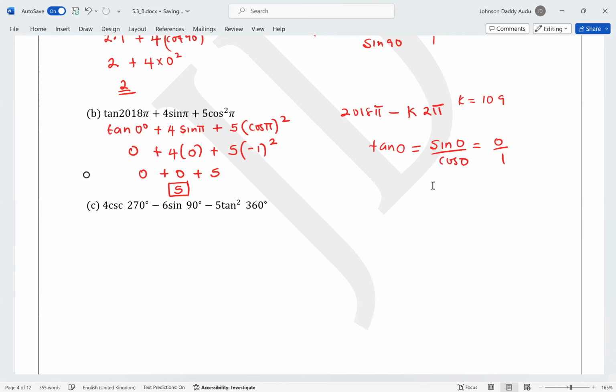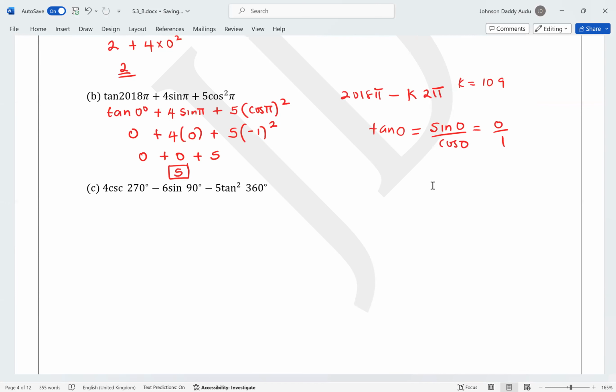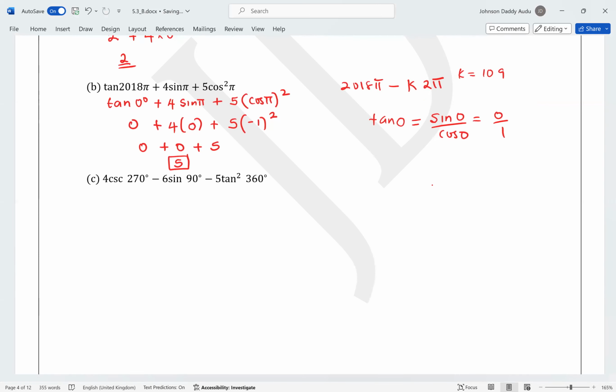Okay. Then what else again? For this one, this is 4 cosec 270. So cosec 270 is what? We know that cosec 270 degrees is just going to be 1 over sine 270 degrees. Now, what is sine 270 degrees?